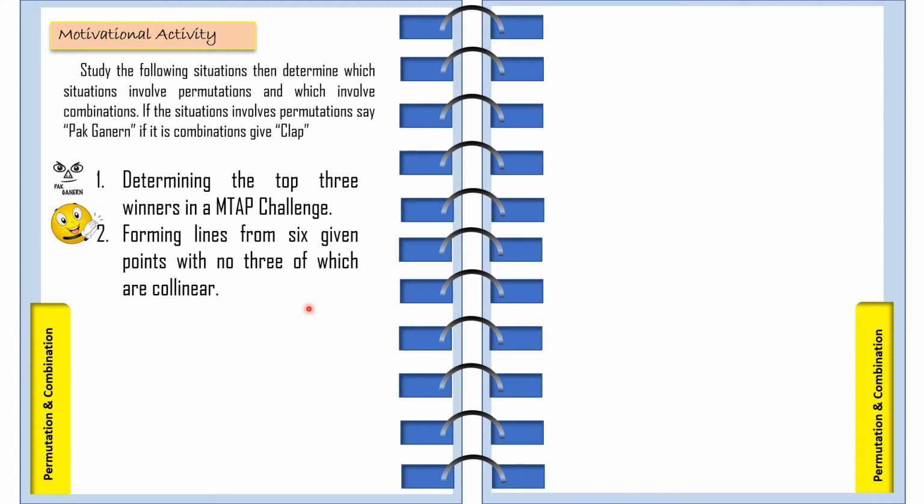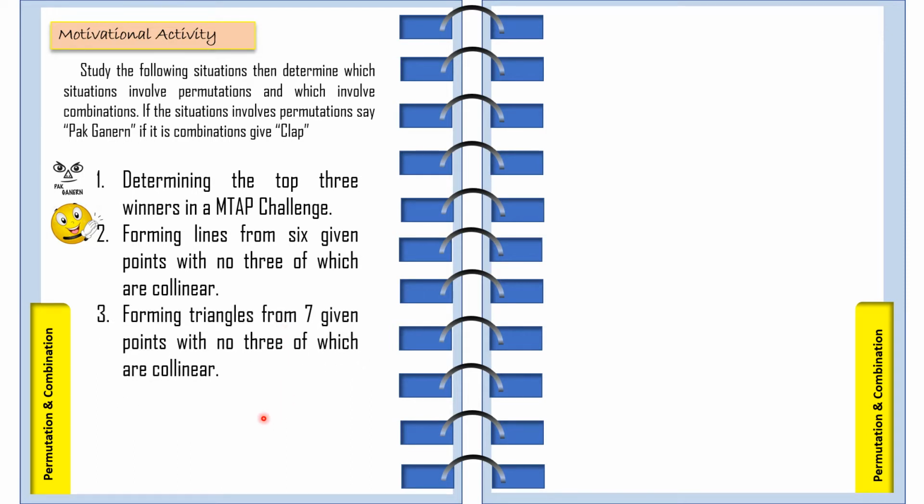Okay? Next, number 3. Forming triangles from 7 given points with no 3 of which are collinear? Is it a pack ganun or a clap? Okay, the correct answer is yes, a clap. This situation involves combination.